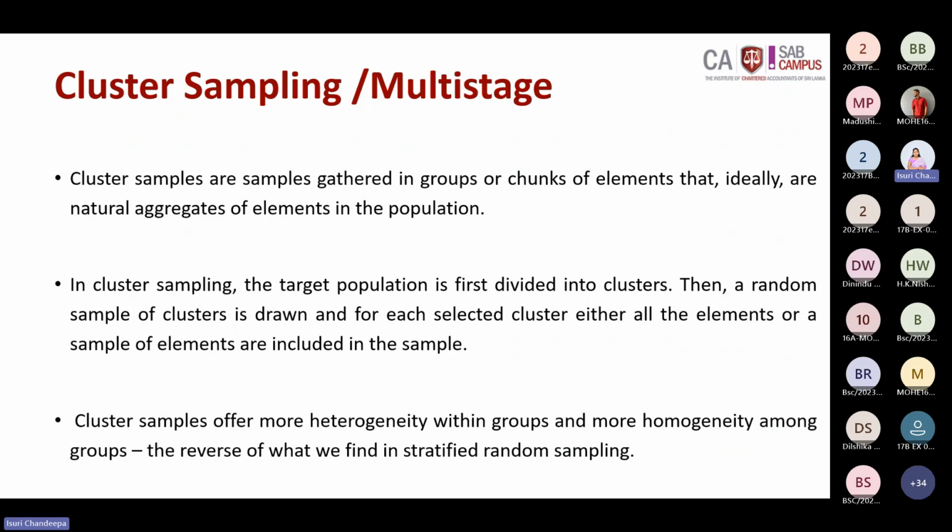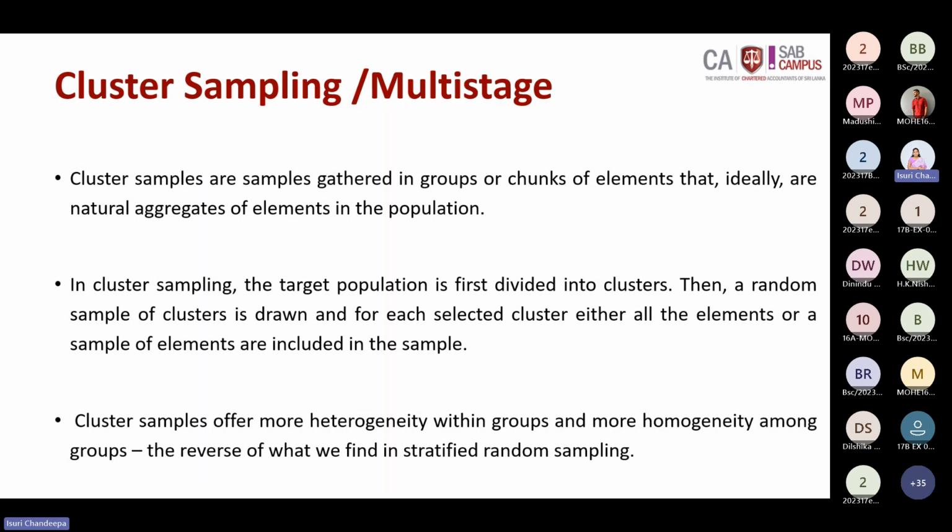Cluster sampling technique. Again, this one is also very important to you. Cluster. What do you mean by cluster? What we are doing here, in the cluster sampling technique, the target population, or the entire population, is divided into clusters, right?